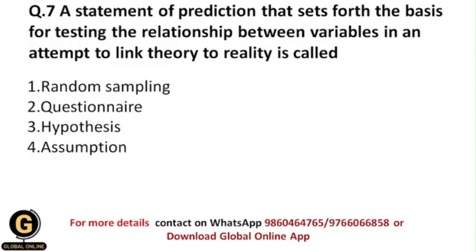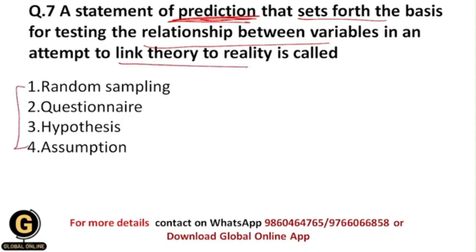Okay. A statement of prediction. Now here focus on the word prediction, that sets forth the basis for testing the relationship between variables in an attempt to link theory to reality is called. So from these options, which is the statement of prediction?